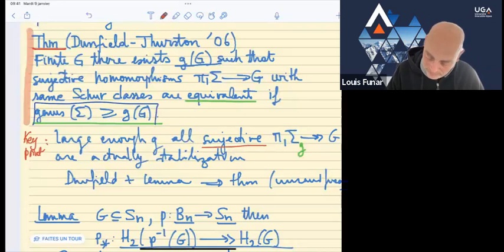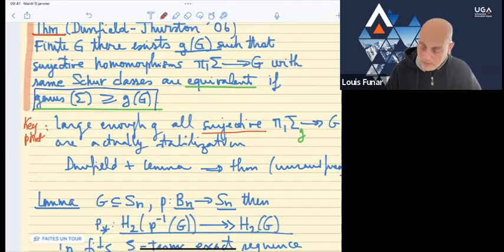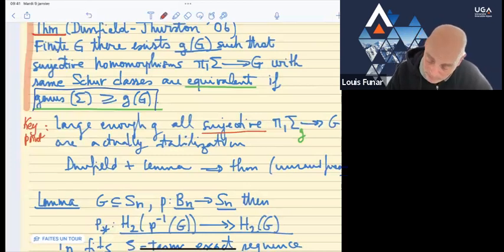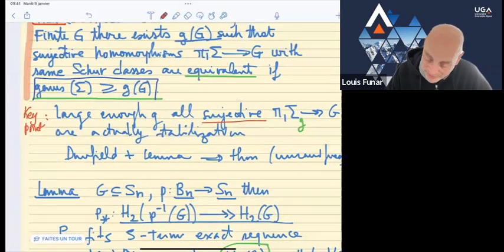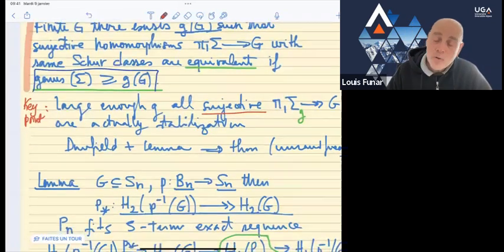So Dunfield has some extra results about that. And what we can observe is that in the unramified case, when you didn't have any branch locus for our branch covering, actually the theorem above plus the next lemma is already proving the theorem.